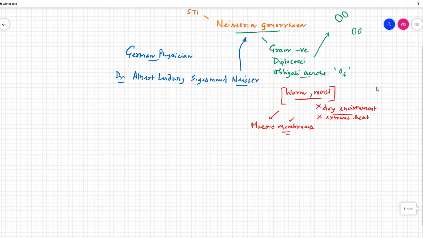This organism is again an obligate aerobe, as we mentioned here, so it requires a bit of oxygen to survive.